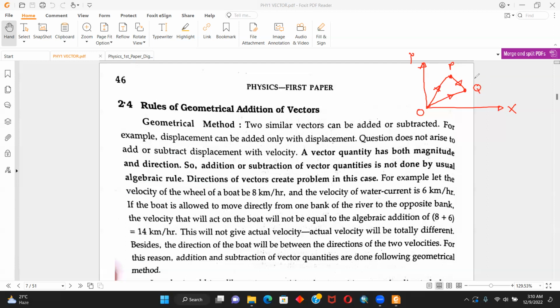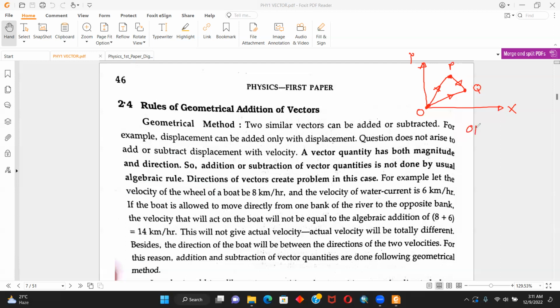As you will see in the next stages, from the triangular law of vector addition, if two vectors start from one particular point, say from O, here we are starting the OP vector. Sorry, that's not the triangular law. The triangular law is where a particular vector ends, and from that point another vector has to start.